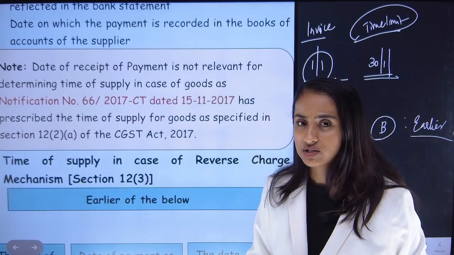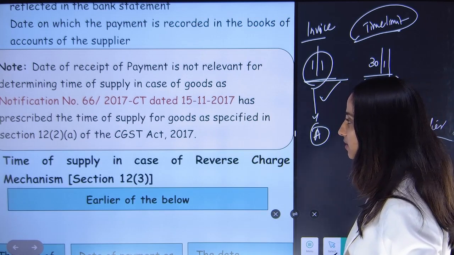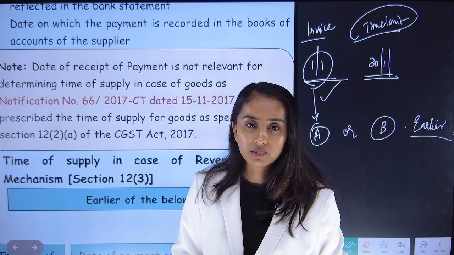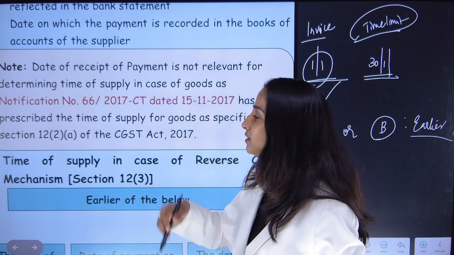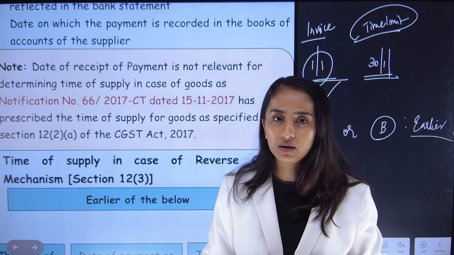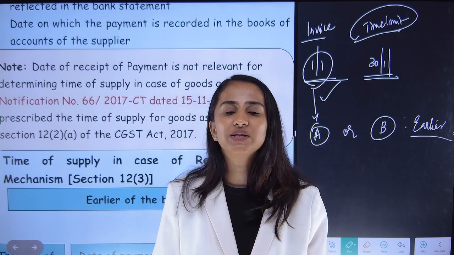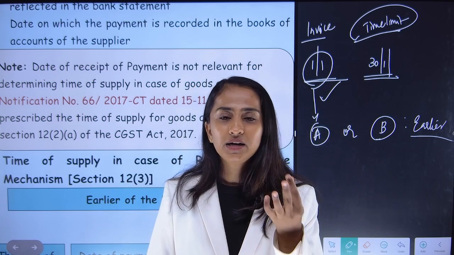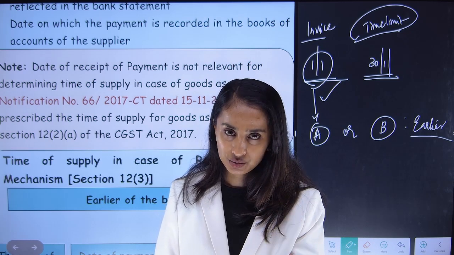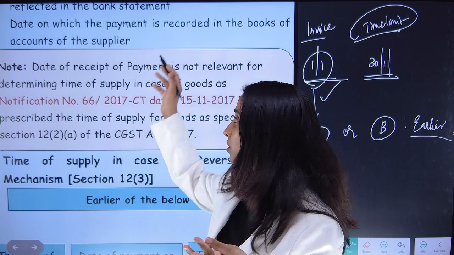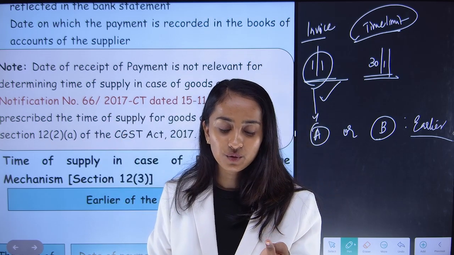Now, please make note of this. Notification number 66/2017 dated 15/11/2017 has prescribed that the date of receipt of payment will not be relevant for time of supply of goods. This is very important because in all your questions they are going to give you 3 dates: the date of issue of invoice, the last date on which the invoice should have been issued, or they will give you those section 31 conditions and you will have to determine the last date of issue of invoice.